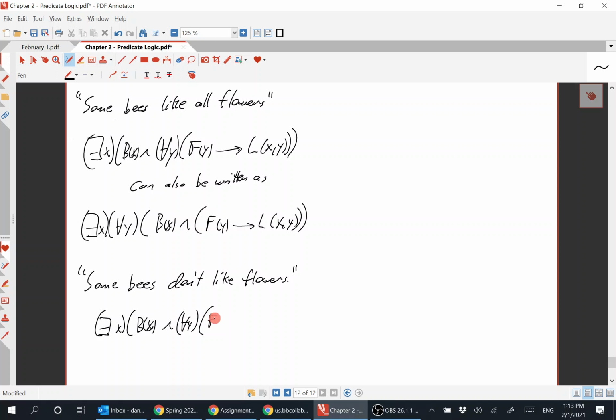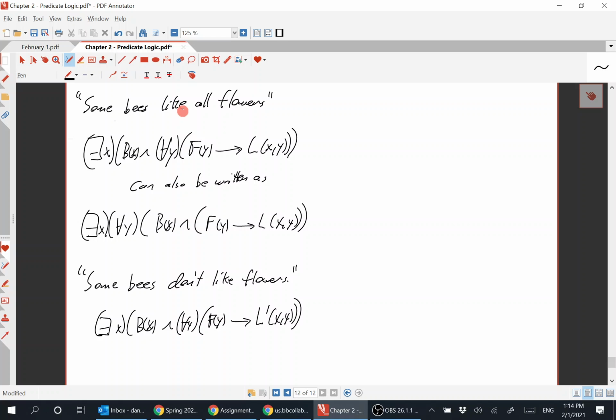We're talking about F of Y. Connector? Implication. Implies what? L not X Y. There it is. Same as this, just there's a not here.